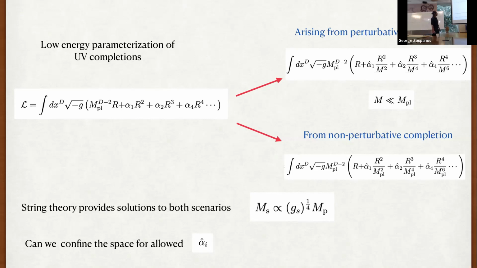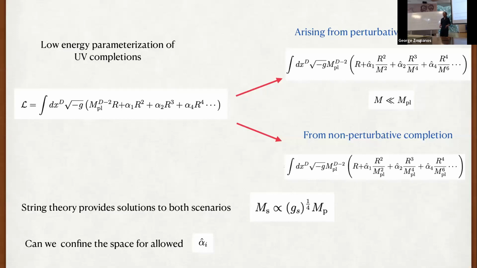Since I'm talking about quantum gravity, I want to have a handle to constrain what the final theory should be. Of course, we don't know what the final theory is. If we want to be open-minded, the only thing that we can control is that at low energy it should look like Einstein gravity.